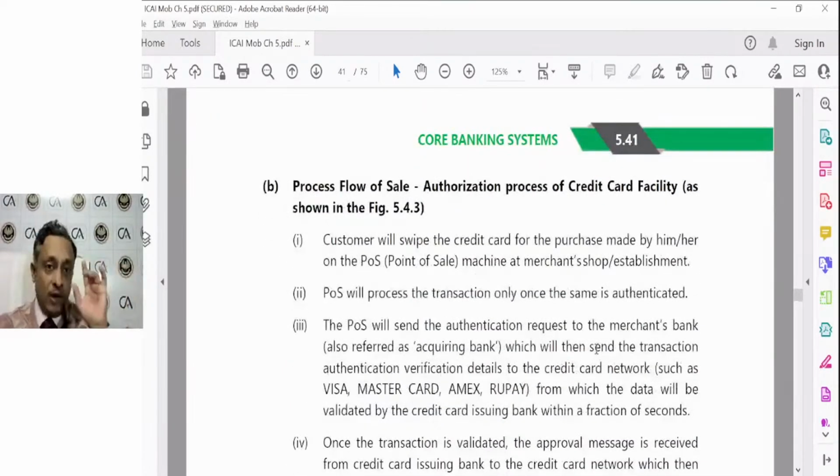Then process flow now. On the issue of credit cards, what I want you to add is that a lot of financial technology companies are there, where banks are using financial technology to issue credit cards. So the basis of issuing credit cards is evolving over a period of time, based on your social network presence, based on the mode of travel you have.